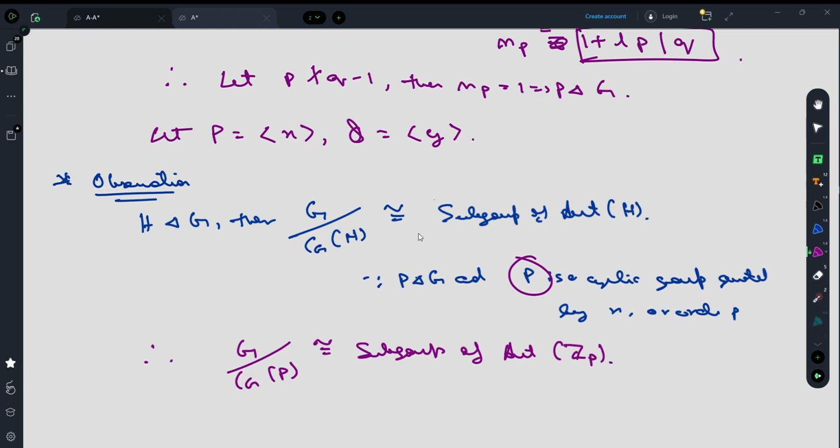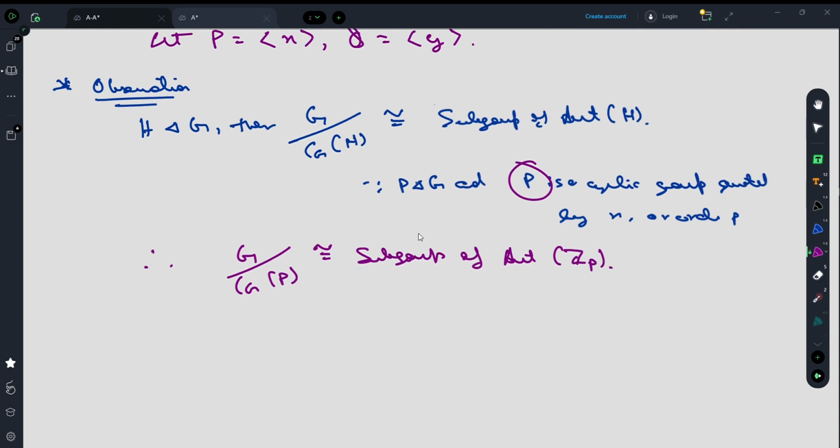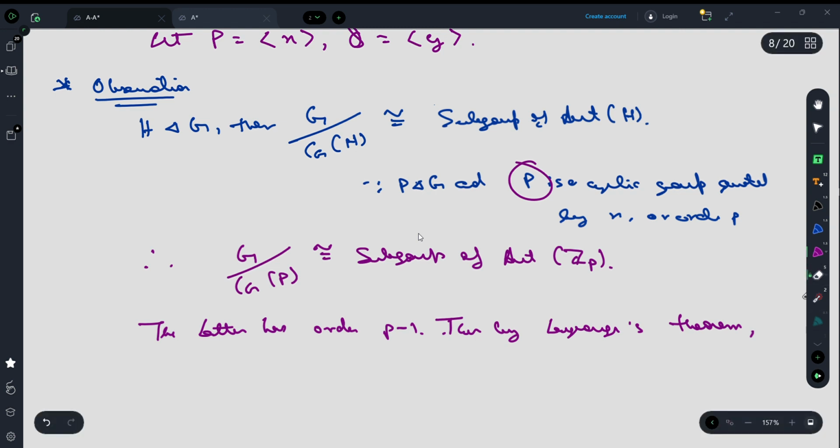But the automorphism group of ZP has order p minus 1. Then by Lagrange's theorem, what can we say?